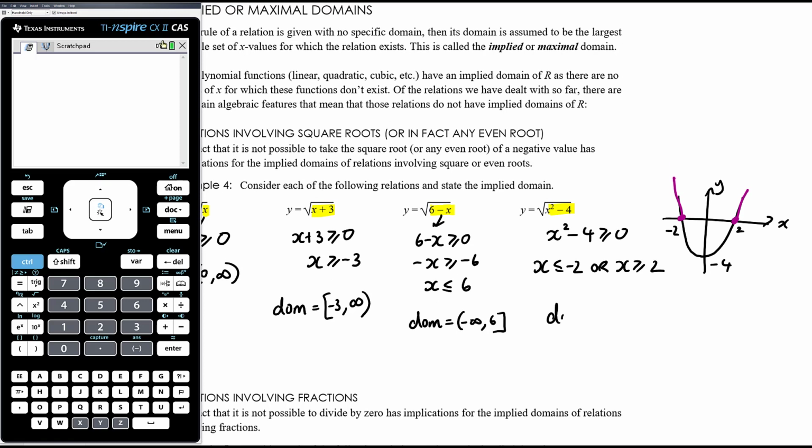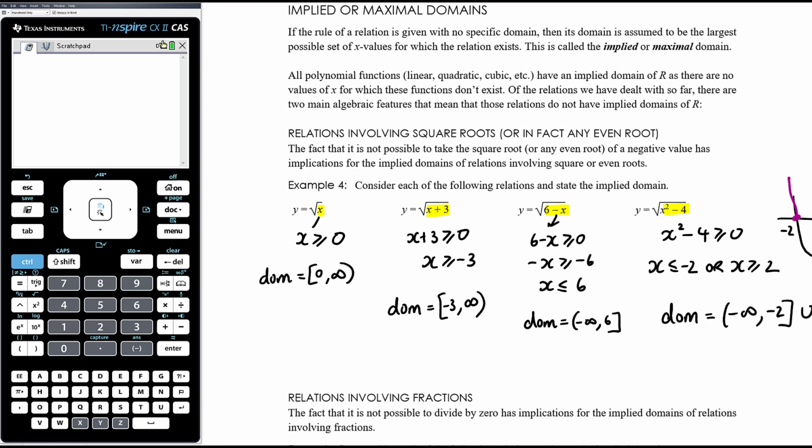So as an interval, we would write our domain goes from negative infinity up to negative 2, including negative 2, union from positive 2 up to infinity. If x is any of those values, x squared minus 4 will be a positive value, and therefore we can take the square root of that, and hence the function will be defined.